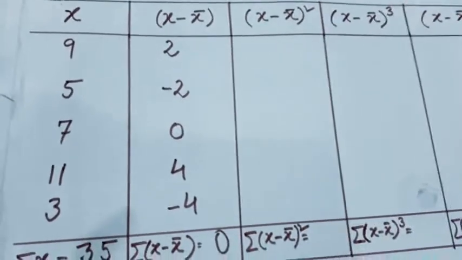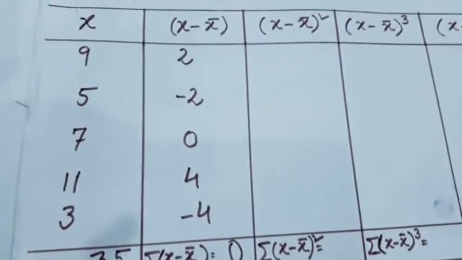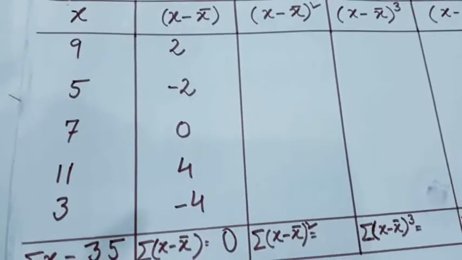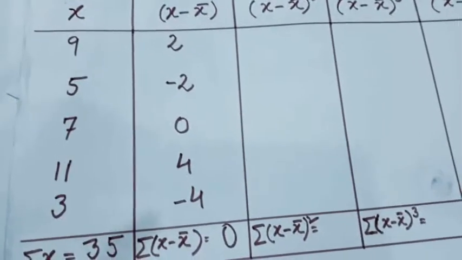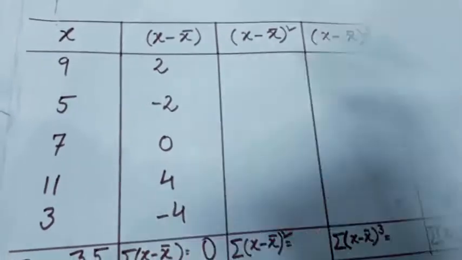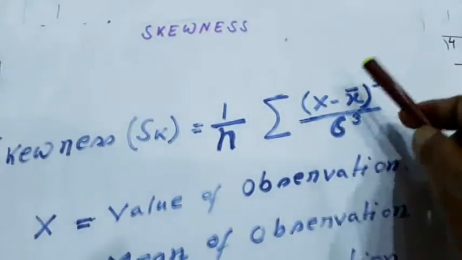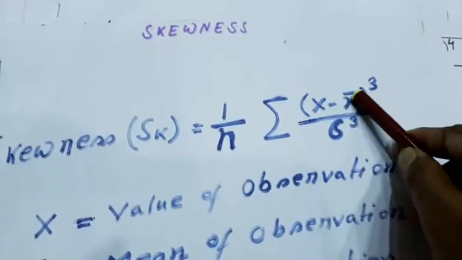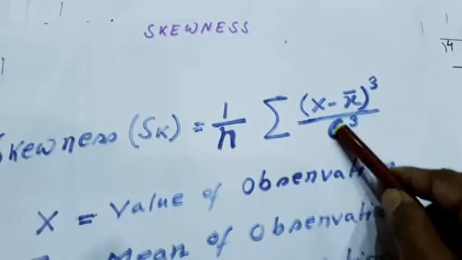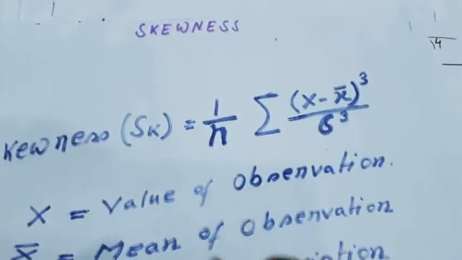Okay, so first step of the formula is done. First step was finding the x bar. X bar is calculated. Now we will calculate the sigma.